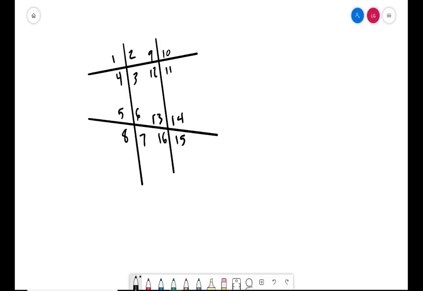All right, so these are 4 lines, 2 of which are parallel.